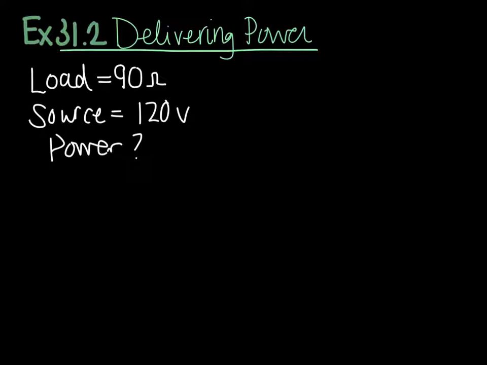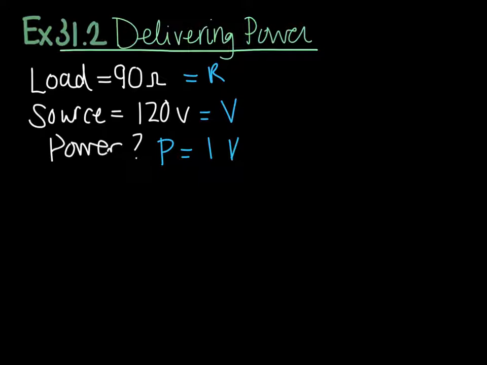Okay, so in this example problem, we're given a load of 90 ohms and a source that's providing 120 volts, and we want to know the power that's dissipated in this circuit, or in this resistor. So we are given R, and we are given V. The power is equal to I times V, but we don't have the current.